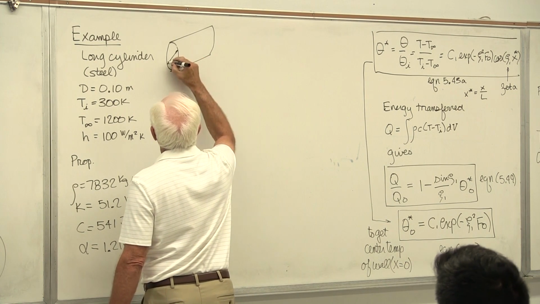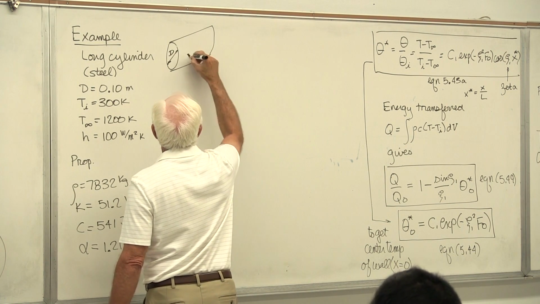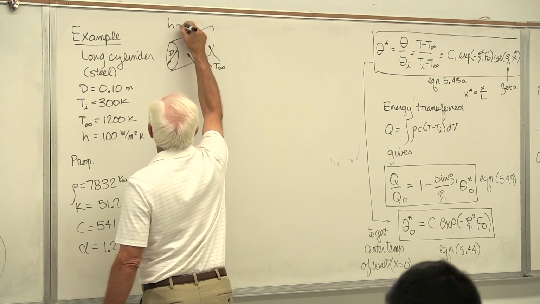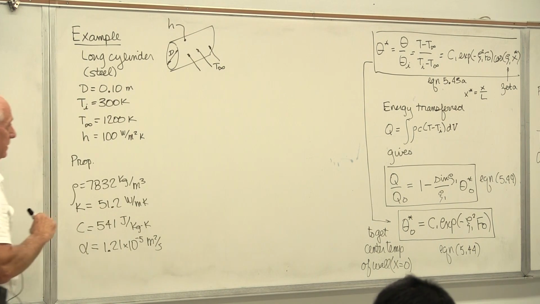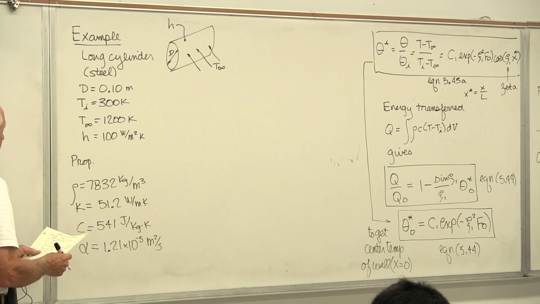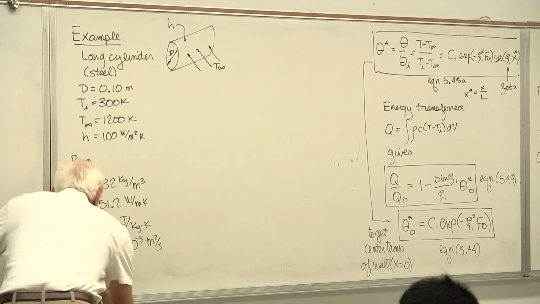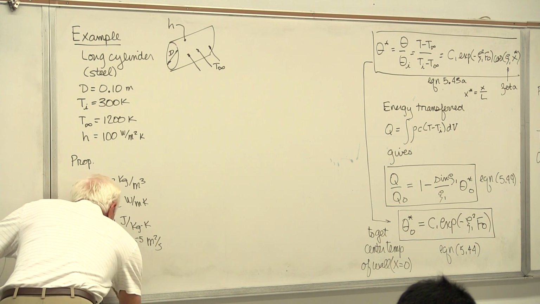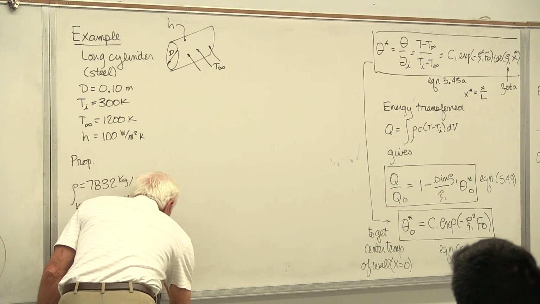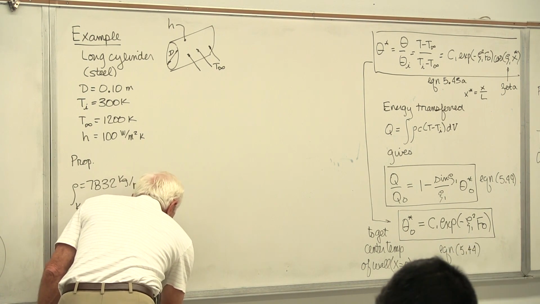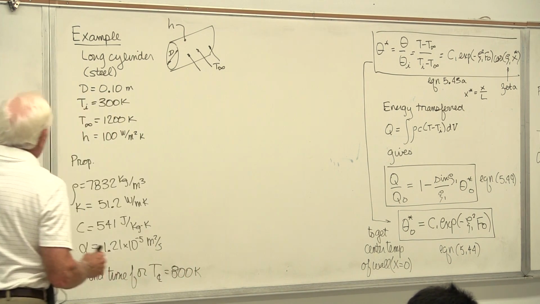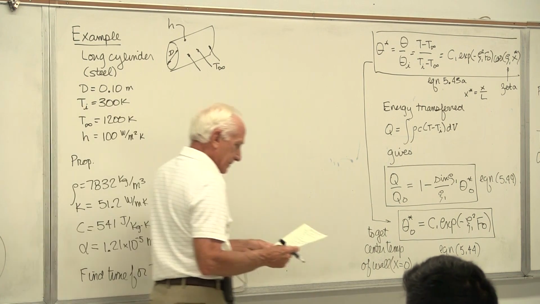Here's the diameter. And we have a T infinity blowing over it. h on the surface. And we're supposed to find how long it takes until the center line temperature gets to 800. Temperatures are all in specified degrees Kelvin.